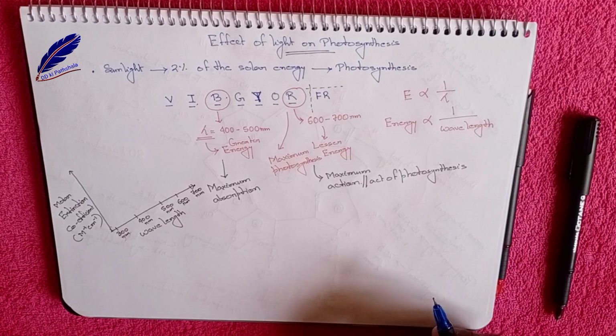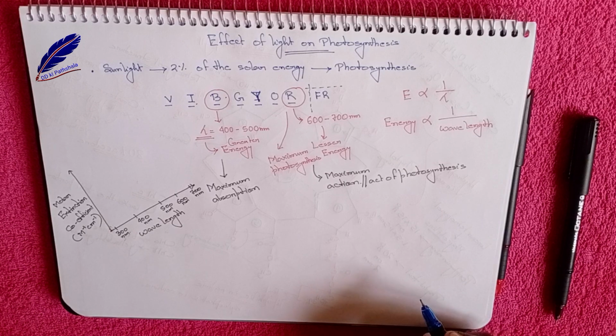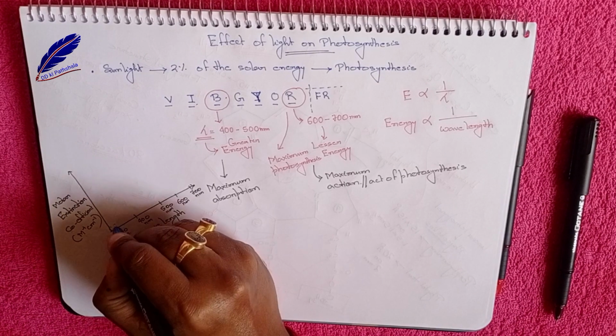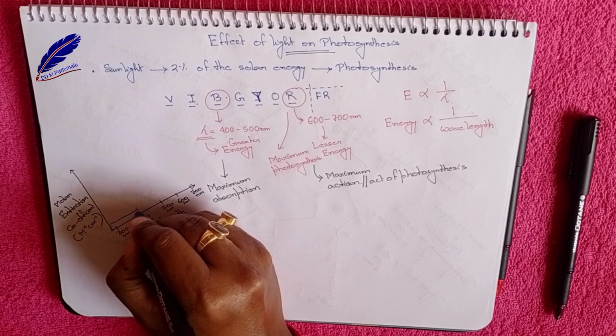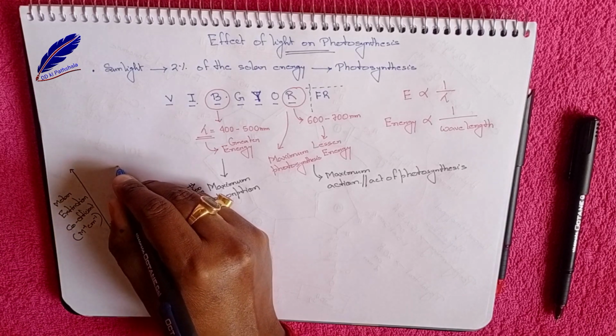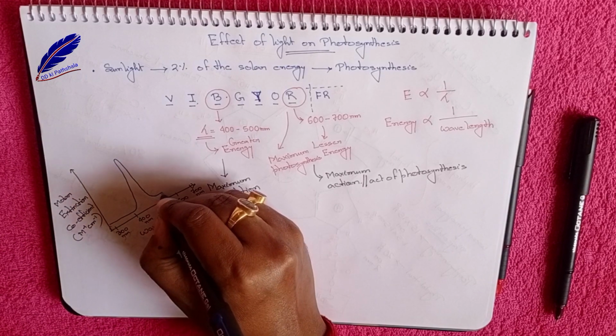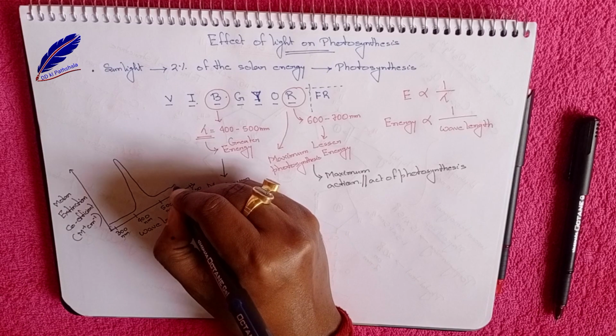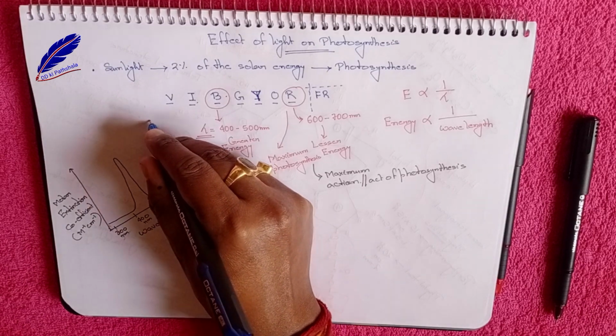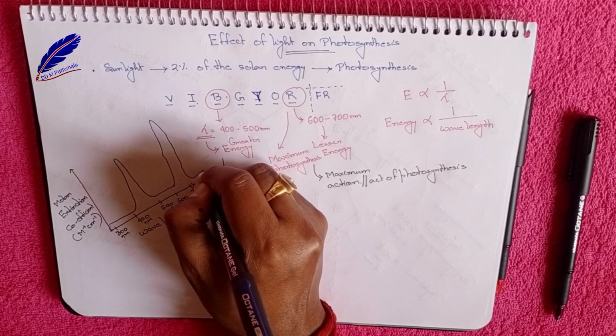So now if we plot the effect of blue light and red light, one peak will appear between 400 and 500 nanometer, while another peak will appear between 600 and 700 nanometer.